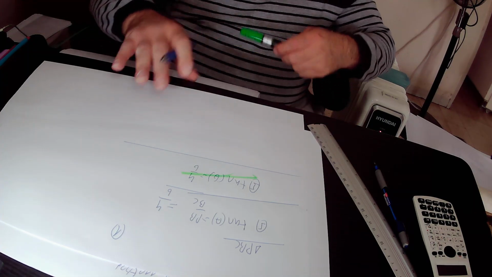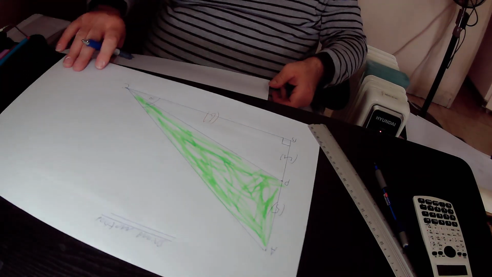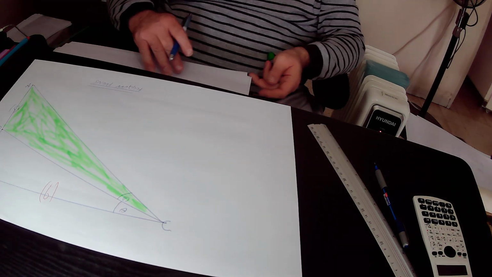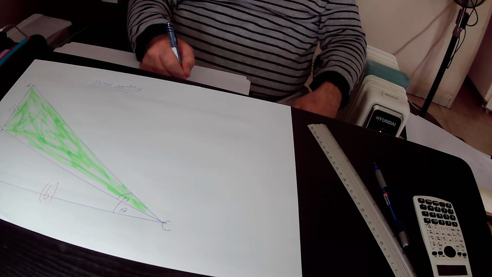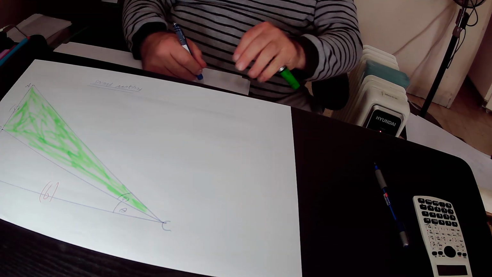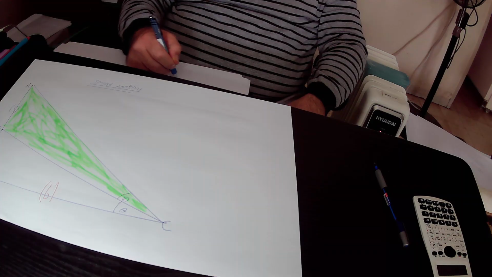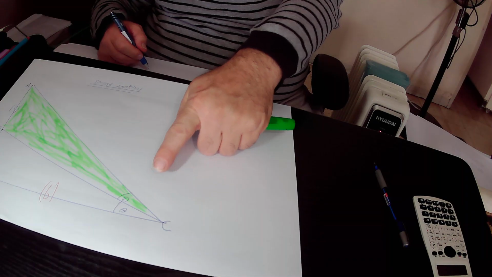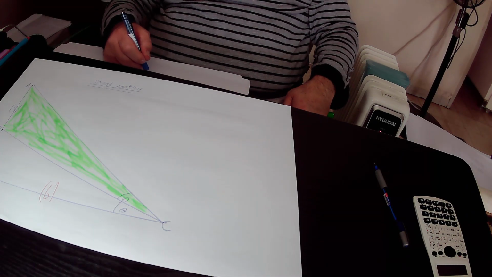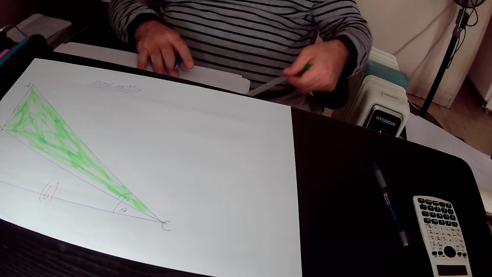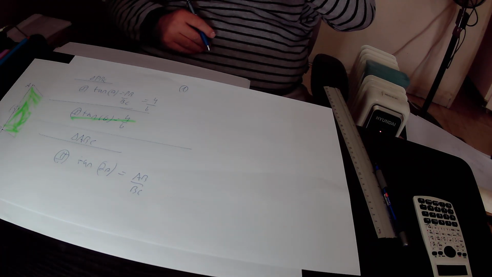In the next step, we focus on the big right triangle ABC. In the big right triangle ABC, it is very easy to see that tangent 2 theta equals AB over BC.